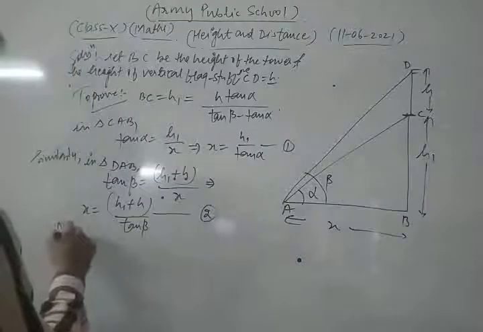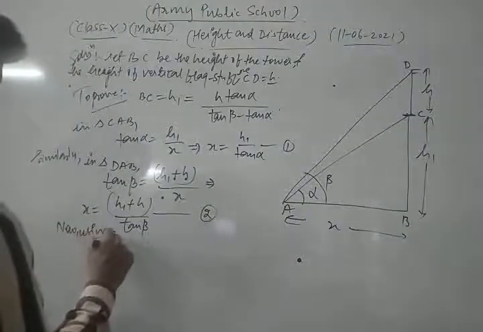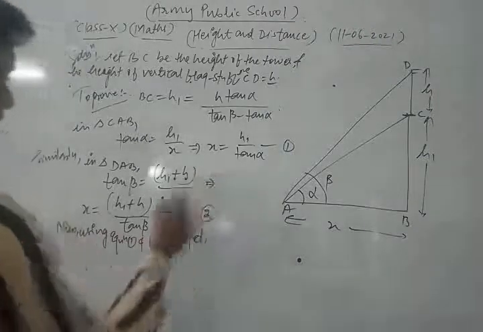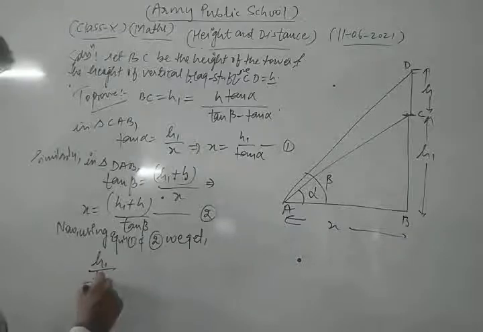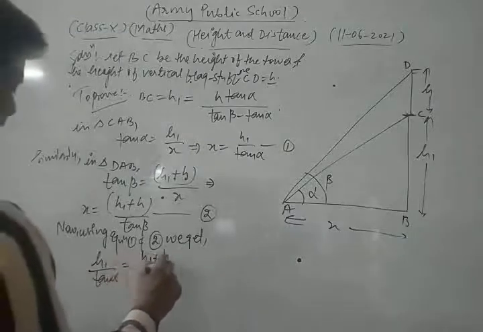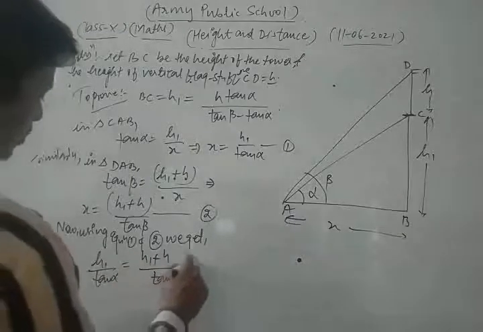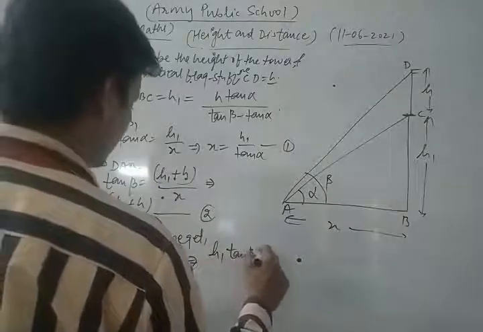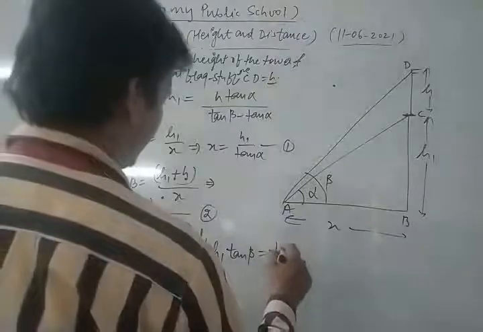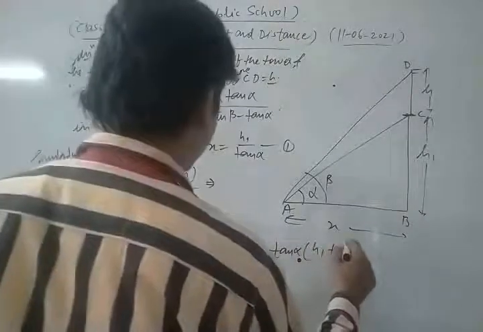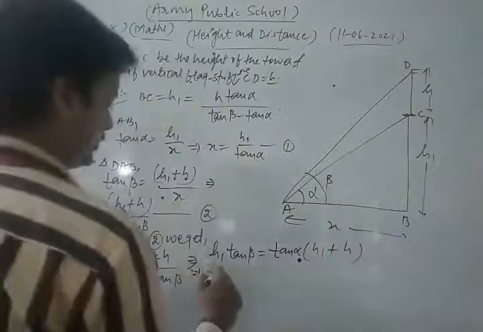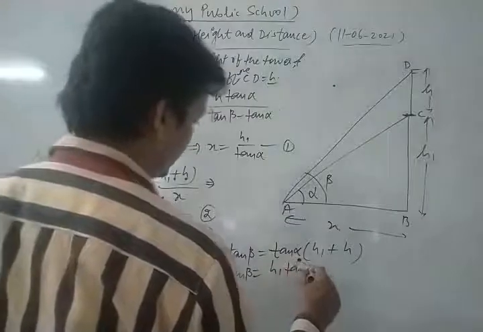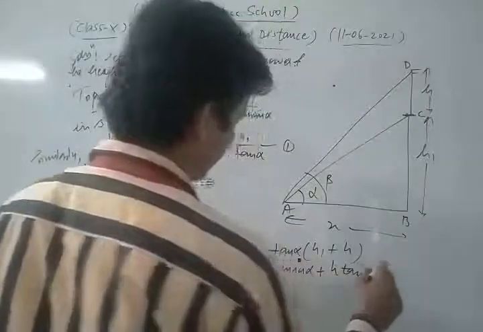Now using equations 1 and 2 we get h1 upon tan alpha is equal to h1 plus h upon tan beta. Now we do the cross multiplication, so h1 tan beta is equal to tan alpha into h1 plus h. So h1 tan beta is equal to h1 tan alpha plus h tan alpha.